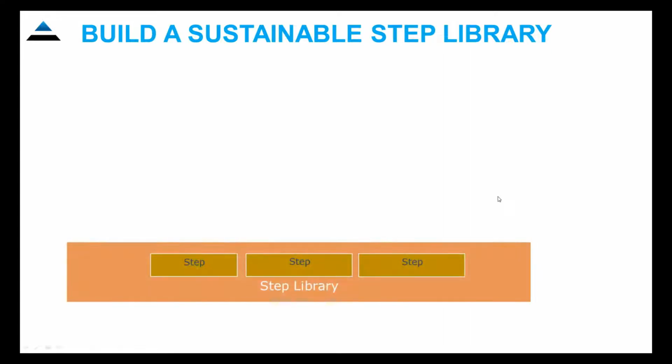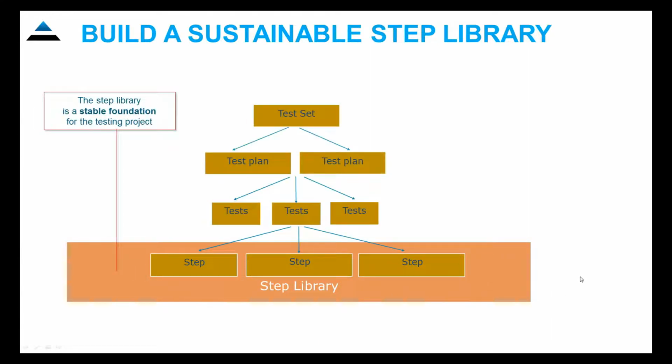Now, just like we had a library of objects, we also have a library of something that we call a step. In AscentialTest, we're going to build our tests with building blocks that we call steps. And so we're going to build up a step library, and all of our tests are going to be built upon that library.